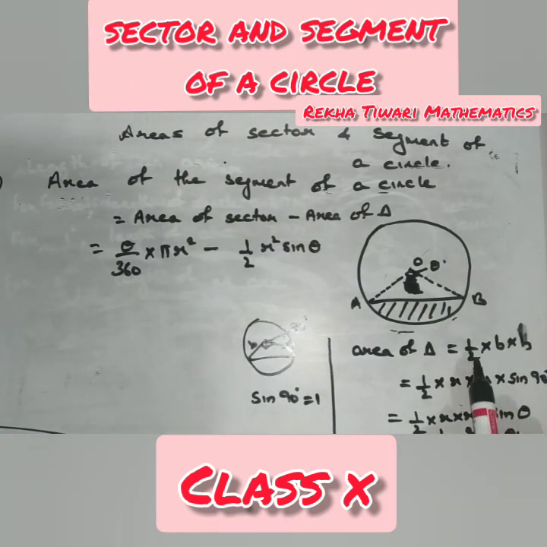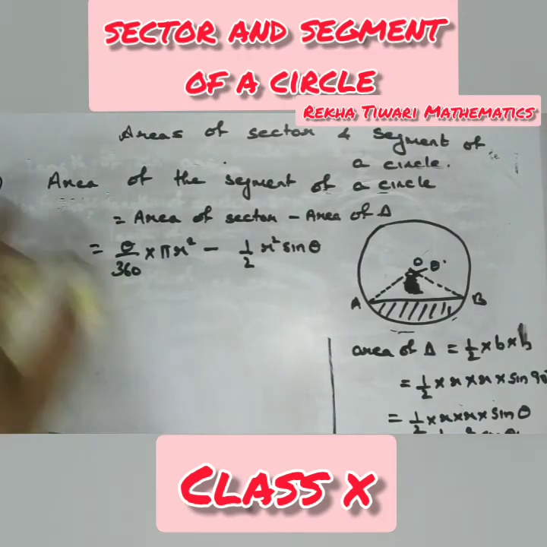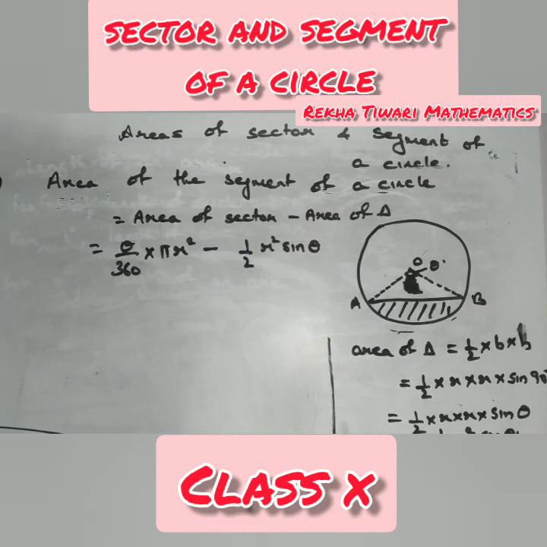We have used the same formula half base into height, but this formula is used only when theta is 90. And if theta is other than 90, then you have to use the formula half r square sine theta. Just remember this. So this is the area of segment of the circle. I hope it is clear.